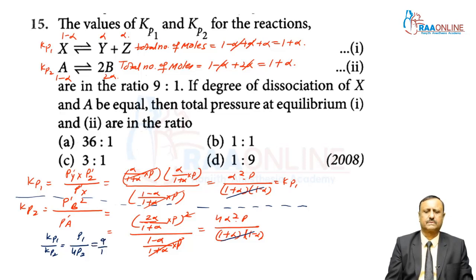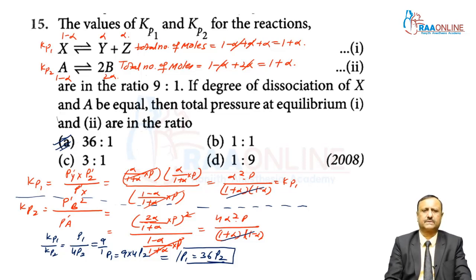So you can see here P1 is equal to 9 multiplied by 4 P2. So you get P1 is equal to 36 P2. It means the answer to question number 14 is A, 36:1. This is where we get the answer. My dear students, you get the answer 36:1.